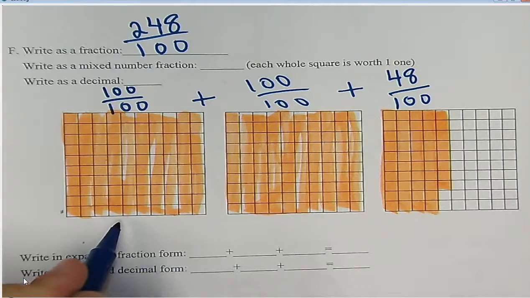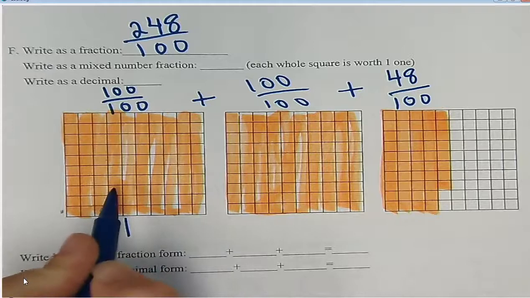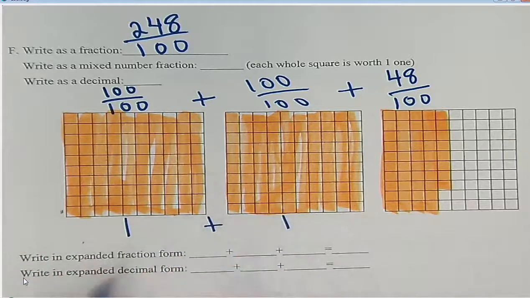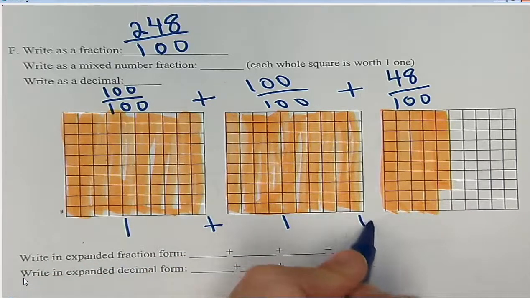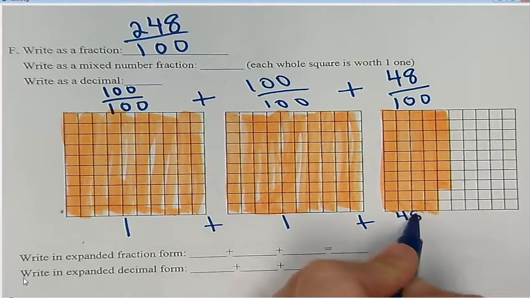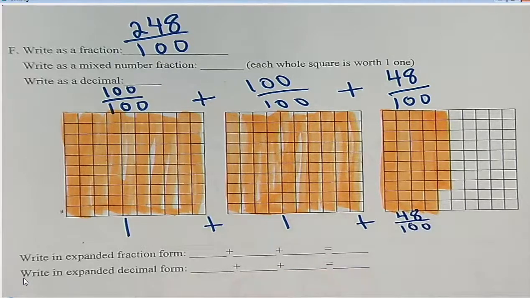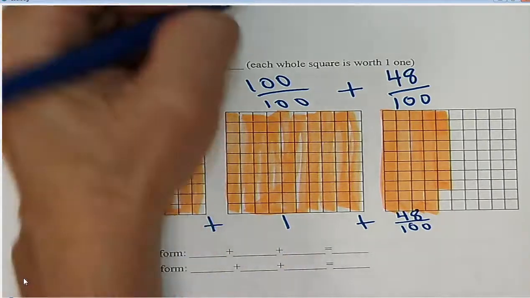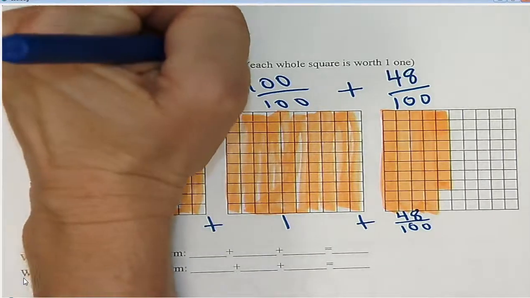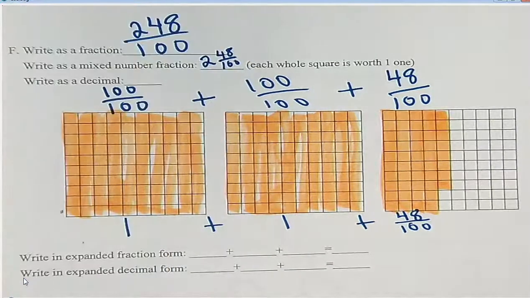So let's put that down here. 1 whole plus 1 whole plus 48 hundredths. So for the mixed number, 1 plus 1 is 2, and 48 hundredths.